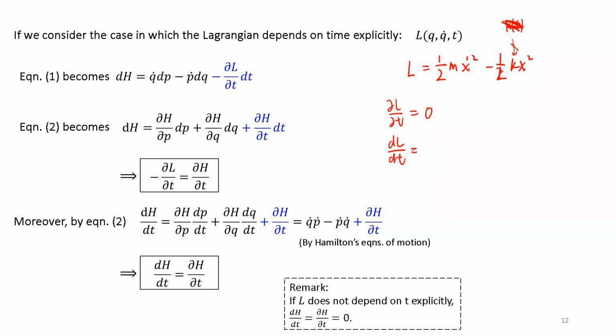Why is that? Just go back to the original definition of the total derivative. Let me write it out. The original definition of the total derivative is like this, basically using the chain rule.